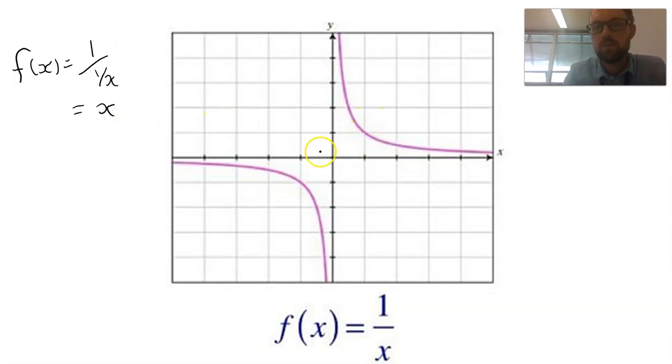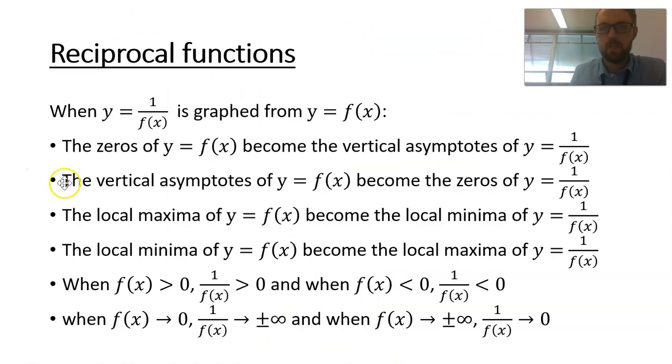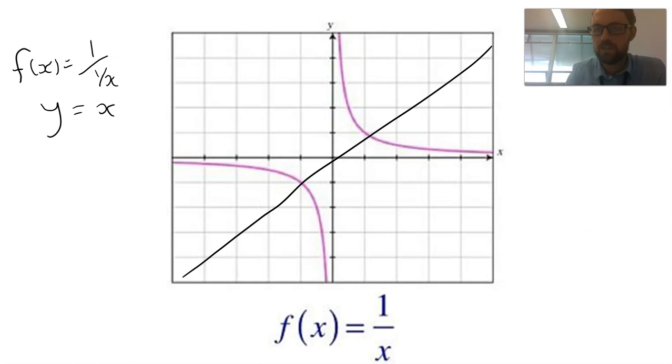If we graph y equals x, we're graphing along this diagonal here, approximately. With these first 2 rules, any zeros of y equals f of x become the vertical asymptote. You can see here we've got a 0 right through that middle point at 0, 0. And that 0 there has become the vertical asymptote of the other graph.